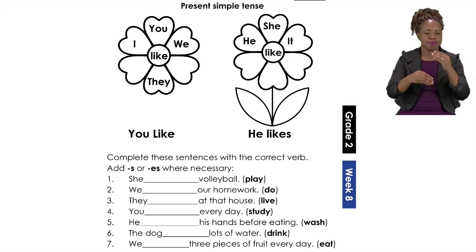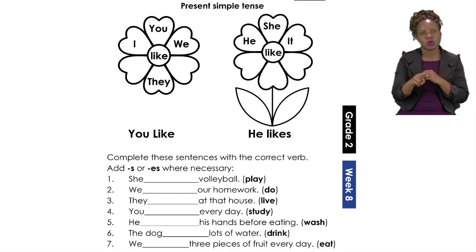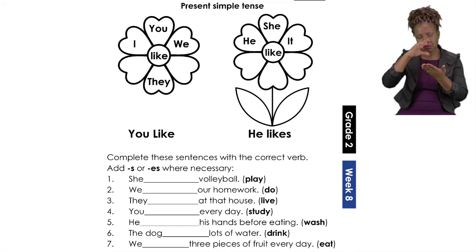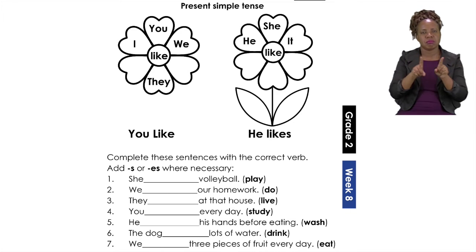In this case, our verb is study. So we are going to write it the way it is because of the word you. So our sentence will say, you study every day.